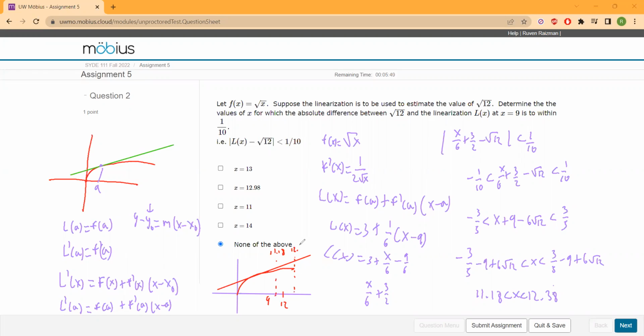So if we plug a number between 11.18 and 12.38 into our linearization equation, you're going to get within 1/10 of root 12. Okay, so again, none of the above here because none of it fits our criteria, and then we're going to move on to the next question.